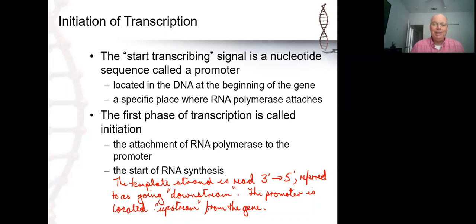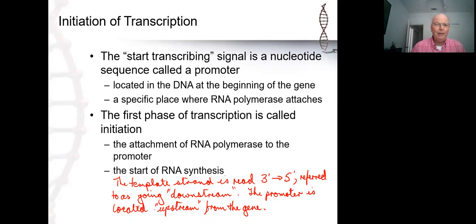and it starts to separate the two DNA strands. But it only separates about 20 to 30 nucleotides, a very, very local little bubble. And it starts reading the template strand. That is the strand that goes 3' to 5', and starts assembling RNA nucleotides in the 5' to 3' direction.